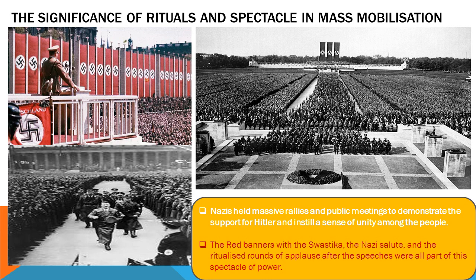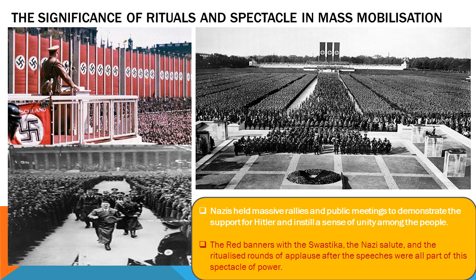Hitler devised a new style of politics. He understood the significance of rituals and spectacle in mass mobilization. Nazis held massive rallies and public meetings to demonstrate support for Hitler and instill a sense of unity among the people.